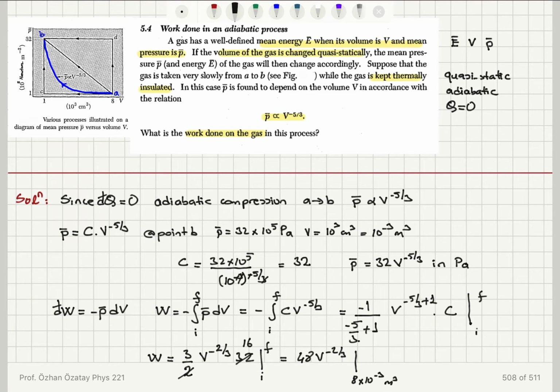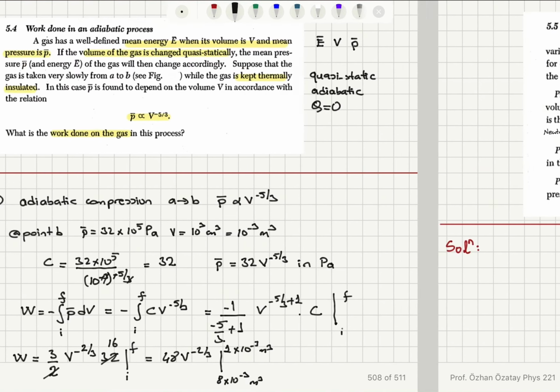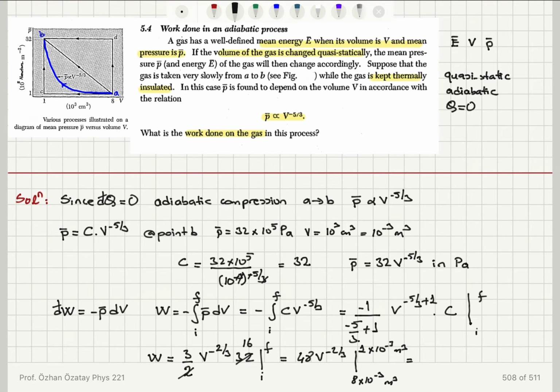Final volume is equal to 1 times 10 to minus 3 meter cube. So I can evaluate this: 48 multiplied by the end point, 10 to minus 3 to the power minus 2 over 3, minus 8 times 10 to minus 3 to the power minus 2 over 3. If you calculate this, you find that the total work is 3600 joules.